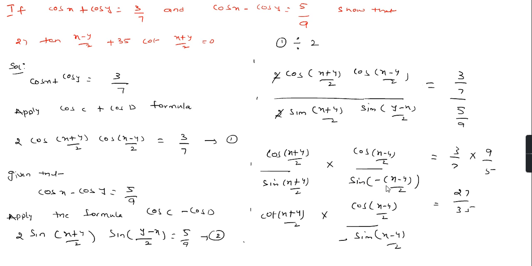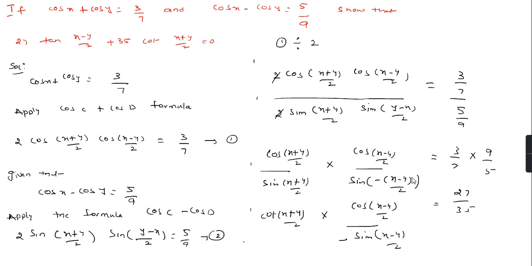And here we have the sin of minus theta. Sin of (y minus x), taking minus as common, we get minus of (x minus y), and sin of minus theta can be written as minus sin theta.